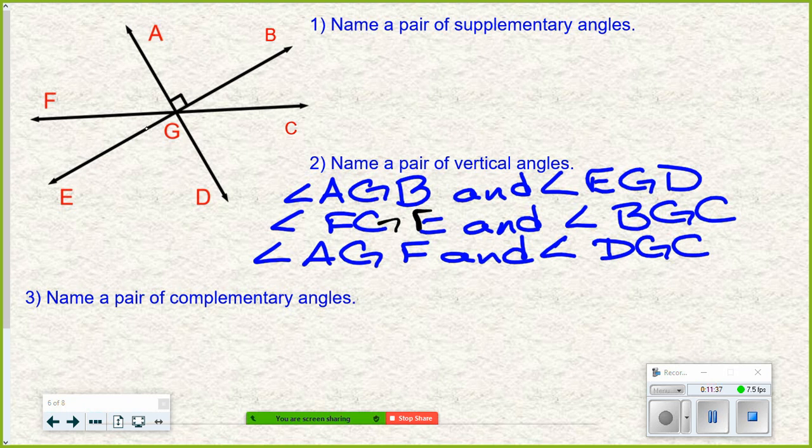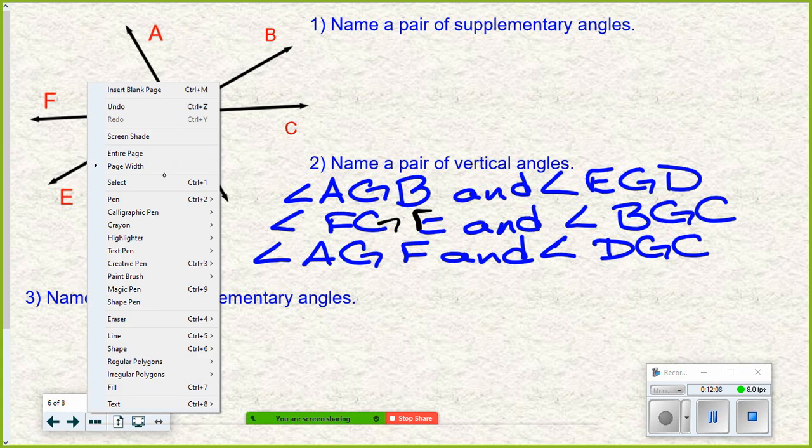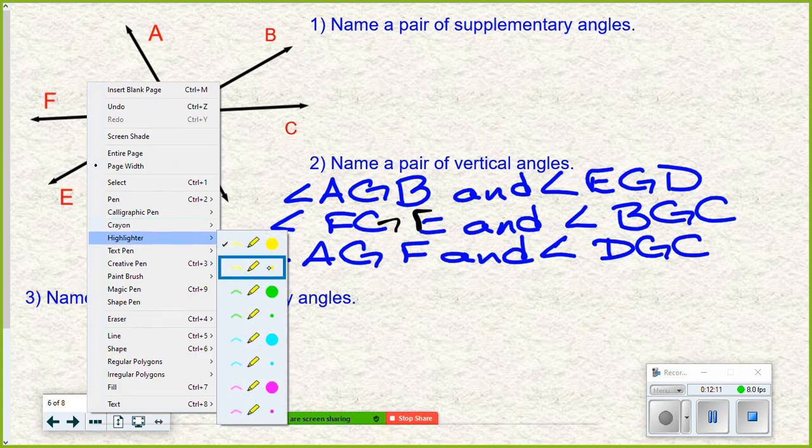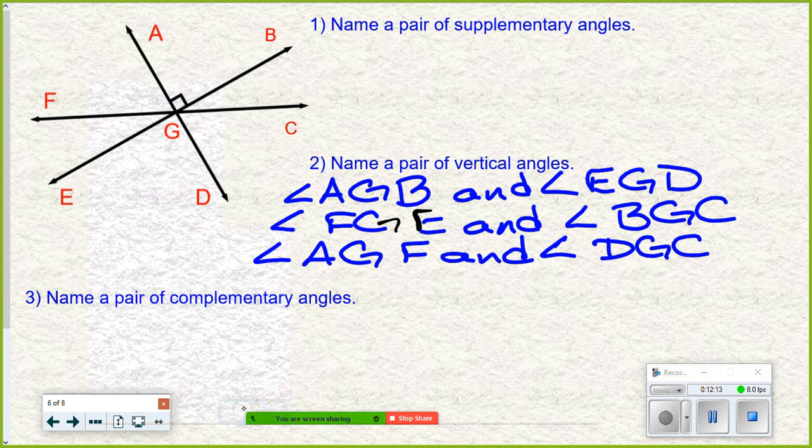Now, here's the biggest problem that students have with this picture. How many right angles are in this picture? There are four. There are four angles. Two angles that add up to 90. My question was, how many right angles are there in this picture?